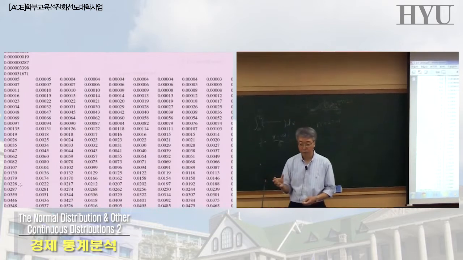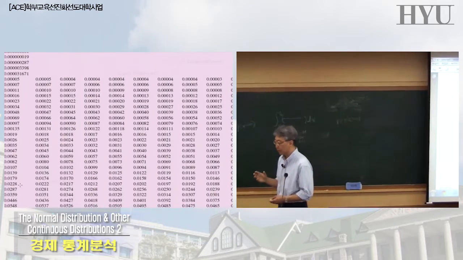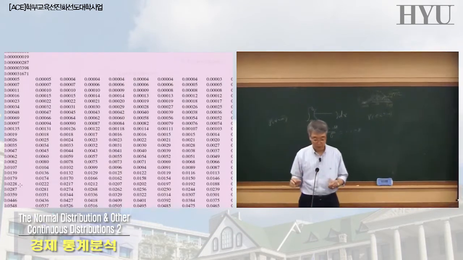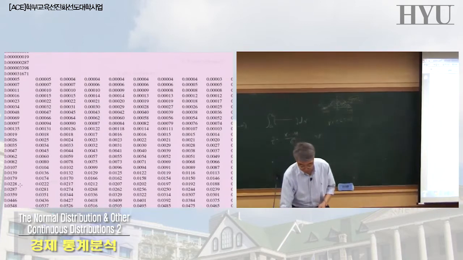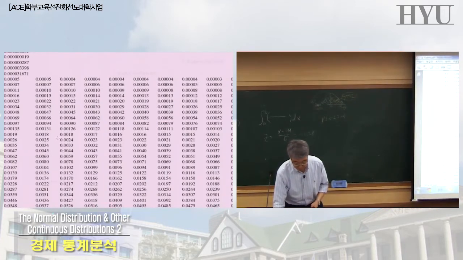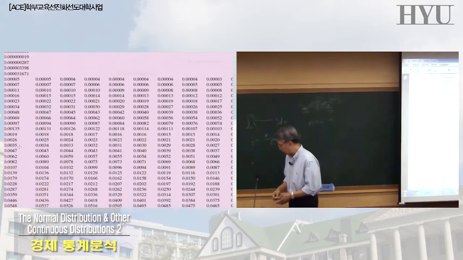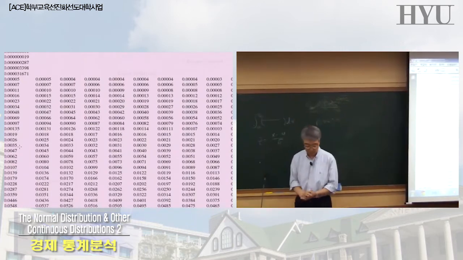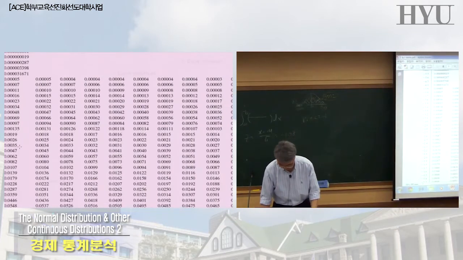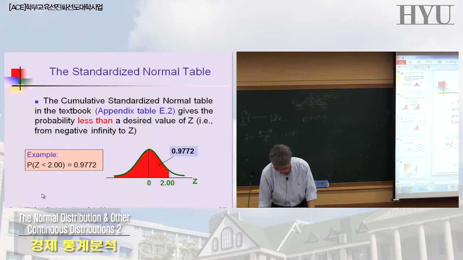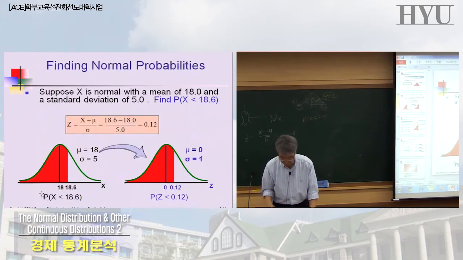So you have to use the fact that the distribution is symmetric, and you can be provided only one table, and you can still answer all the questions. All right. Well, we're going to have some exercise on this later. Okay. So, all right. So this was an easy question, right?